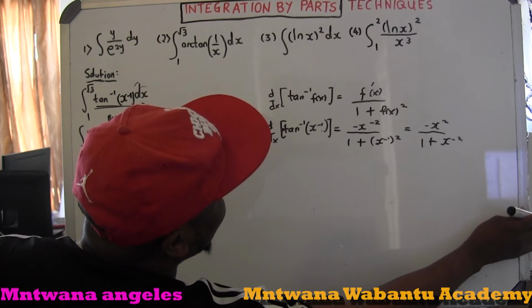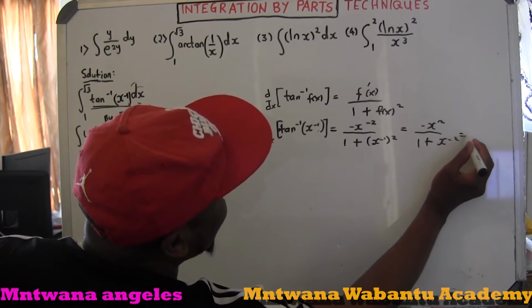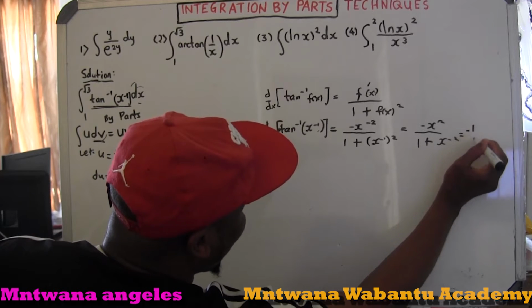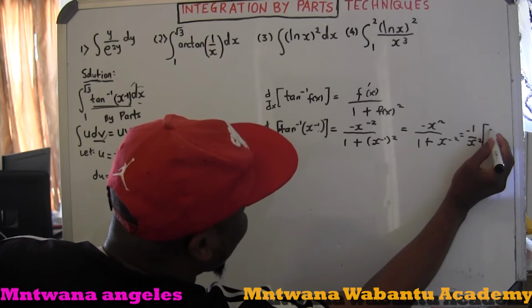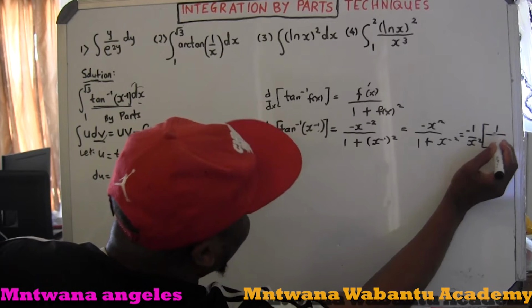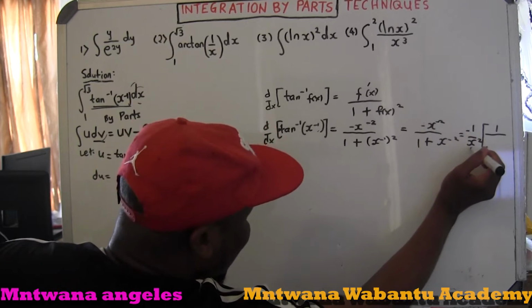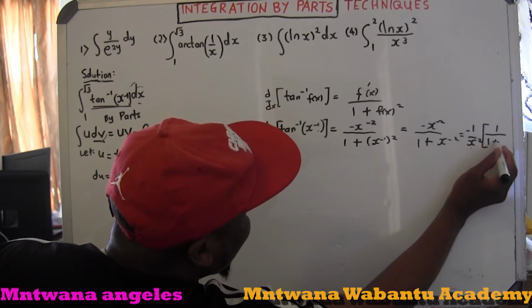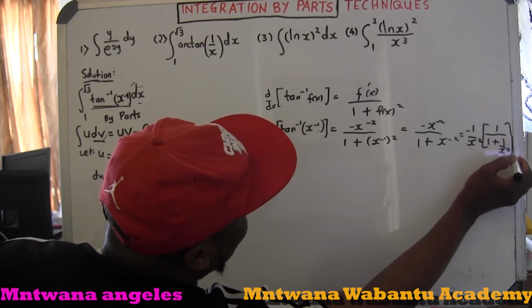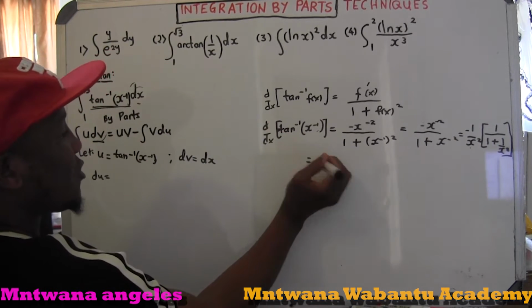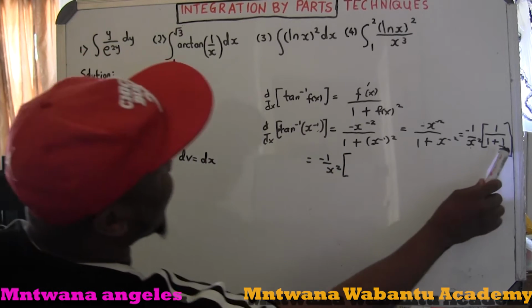I can also simplify further if I want. Oh, there's a negative here, my brother. I can simplify further: negative 1 over x squared, over 1 plus 1 over x squared. I can find the common denominator.